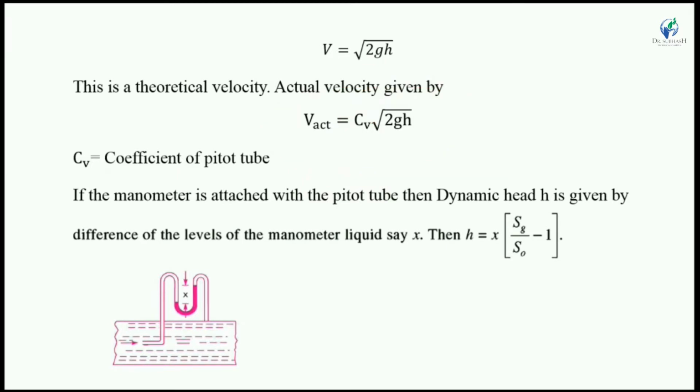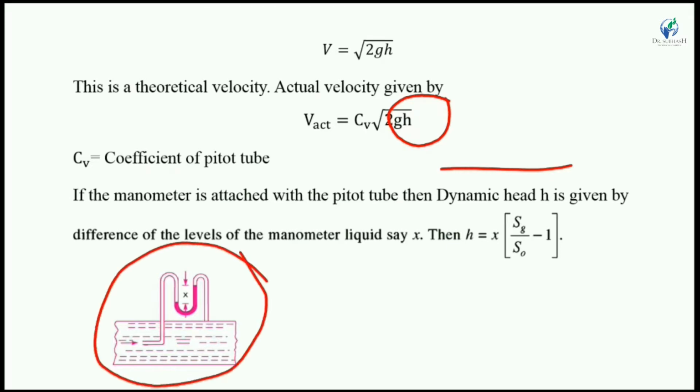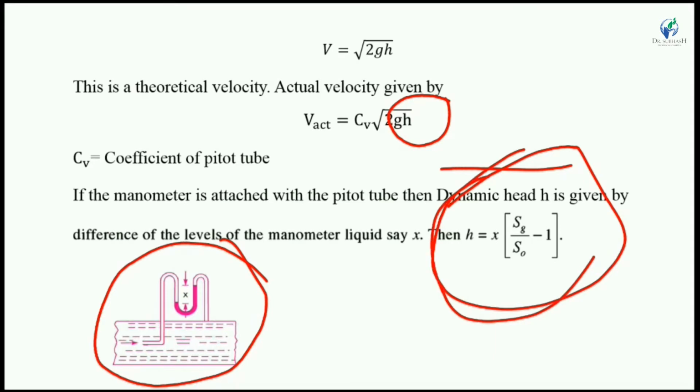Okay. Now, in this equation H is the dynamic pressure head, and if a manometer is used in the case of the Pitot tube, its value is found by this equation: H is equal to x times (Sg upon So minus 1).